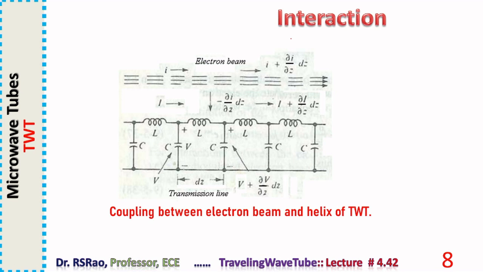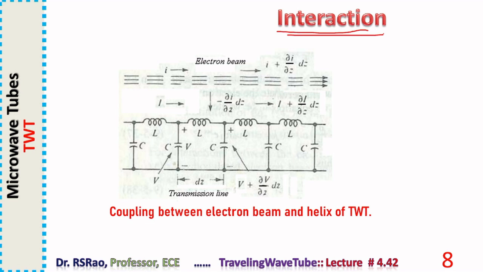After Brillouin diagram, now let us move to another aspect. This is about interaction. Interaction is the cause of energy transfer from the electron beam to the signal. Here, the interaction refers to the interaction that exists between electron beam and the slow wave structure.